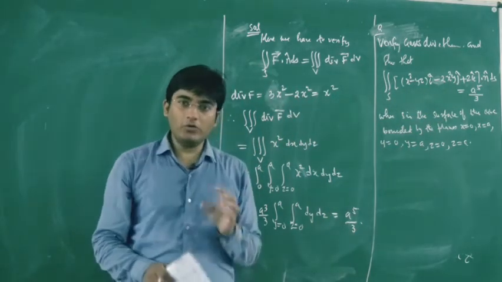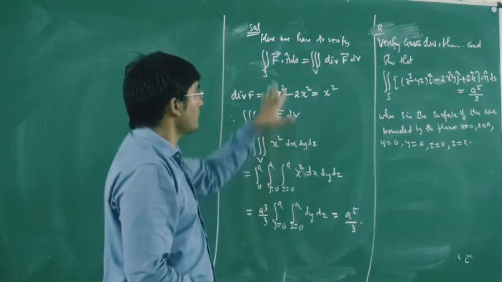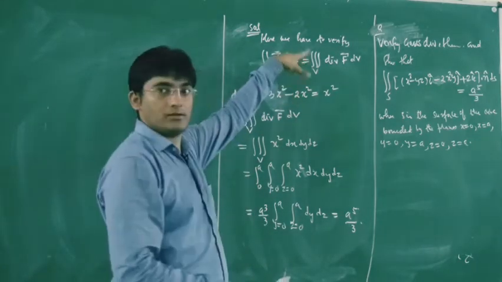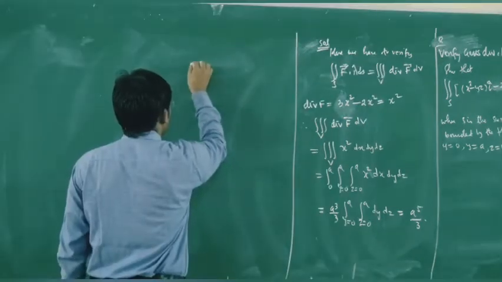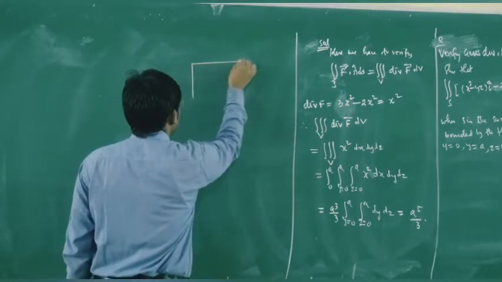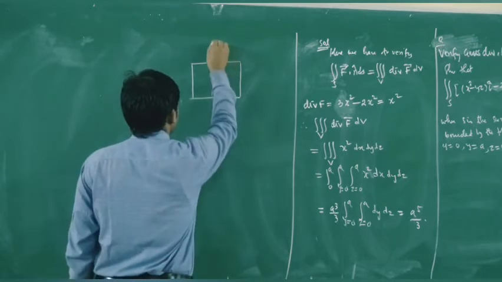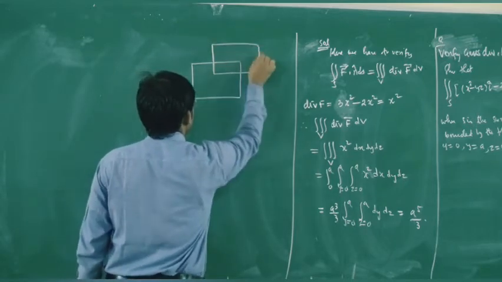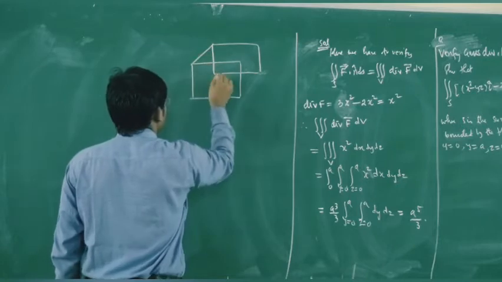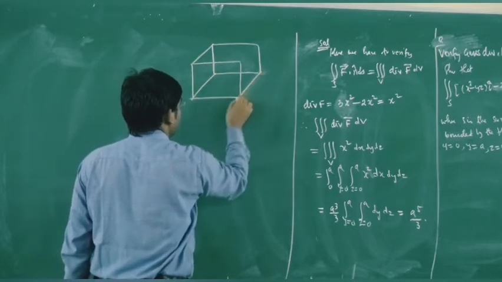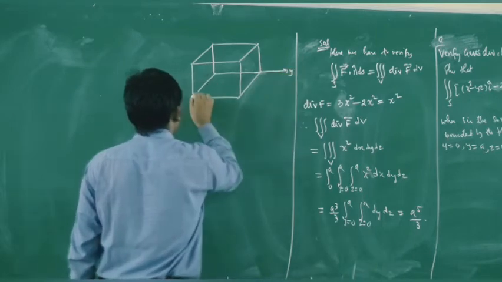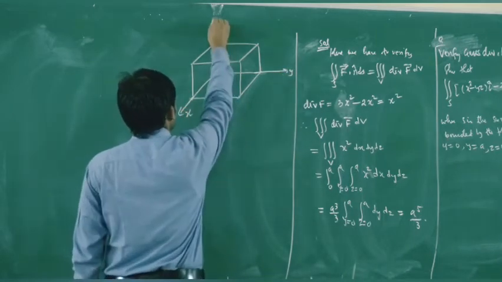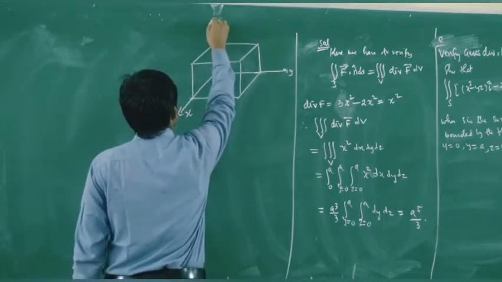But now here we have to verify Gauss Divergence Theorem. So now we will evaluate this left hand side, which is your surface integral. So we have the cube. Say this is your y-axis, this is your x-axis, and this is your z-axis.